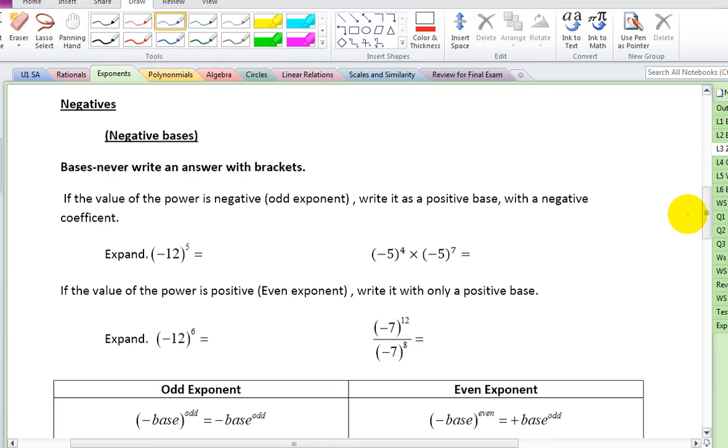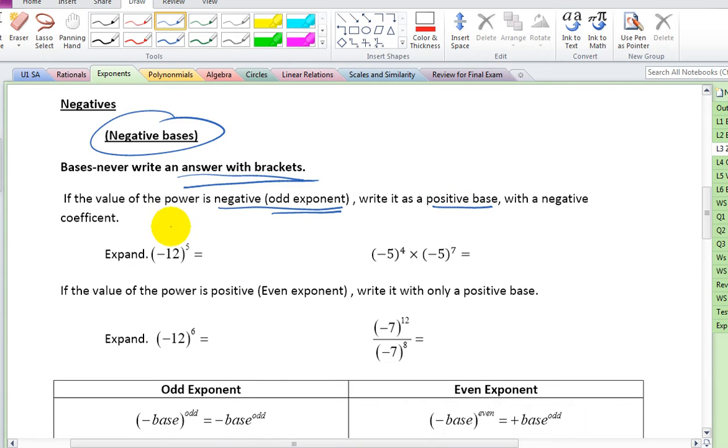Okay, so negatives. First of all, then we're going to start with negative bases. Never write answers with brackets. Okay. So if the power is negative and you have an odd exponent, you write it as a positive base.